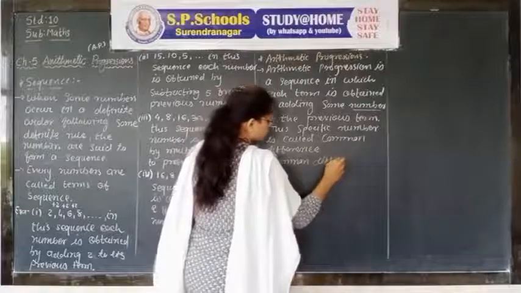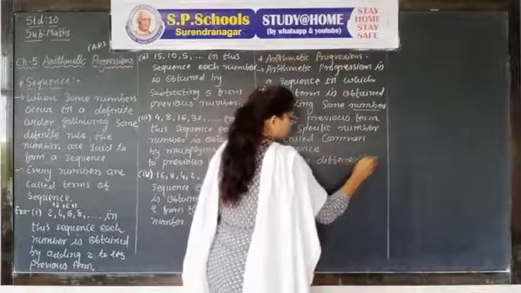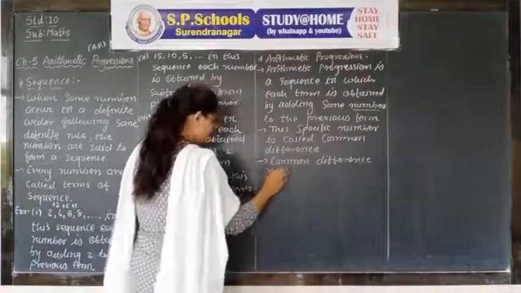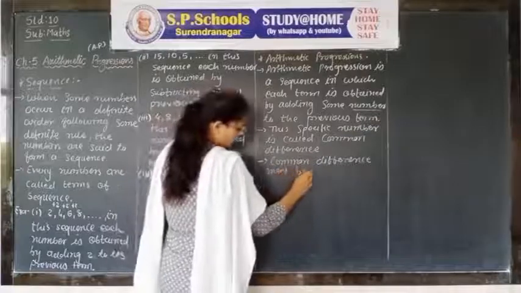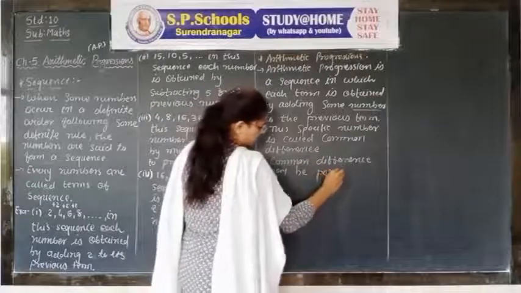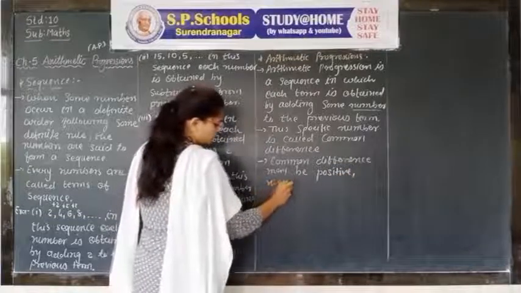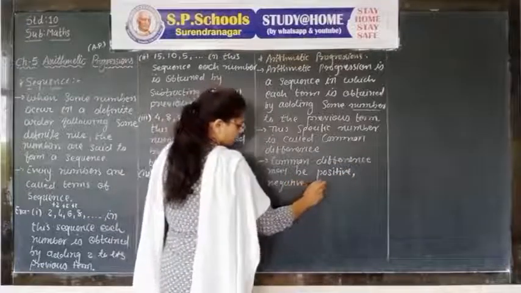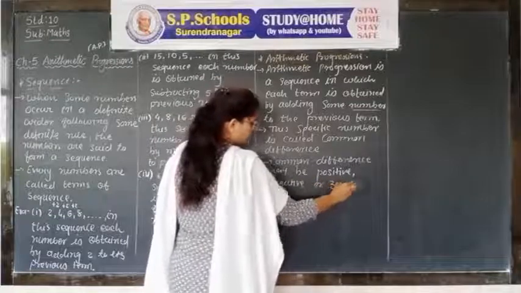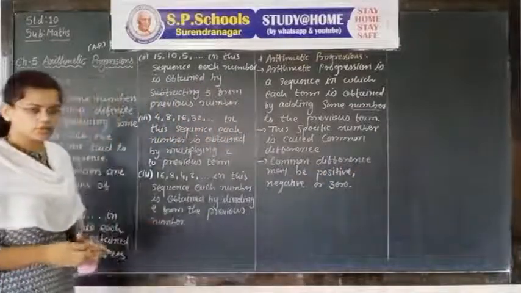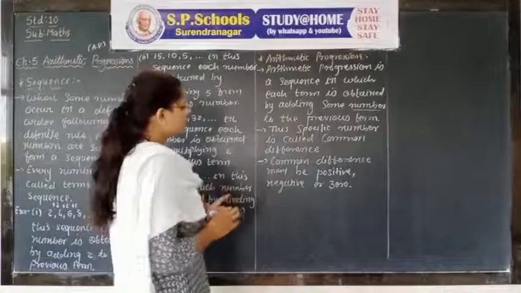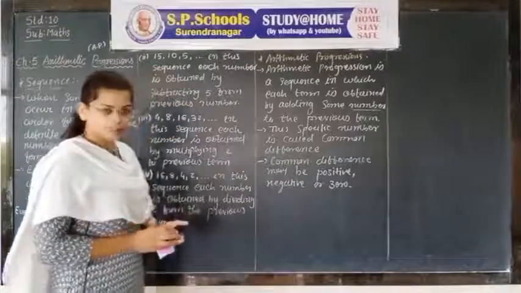The common difference may be positive, negative or 0. It can be negative, positive or 0. This is the definition of arithmetic progression.